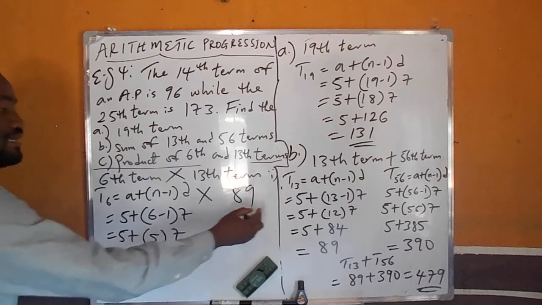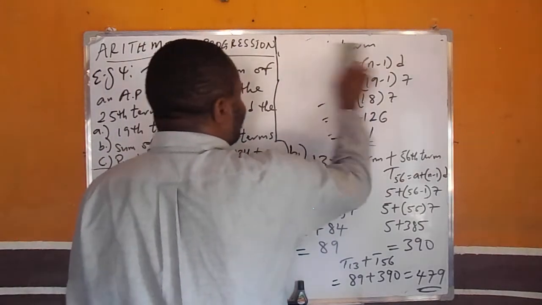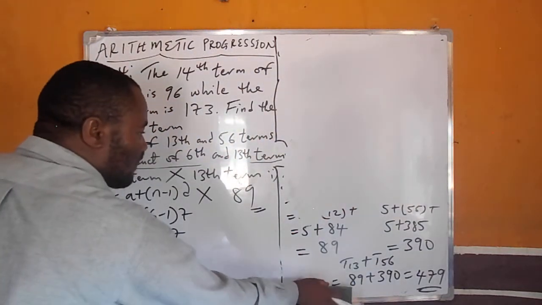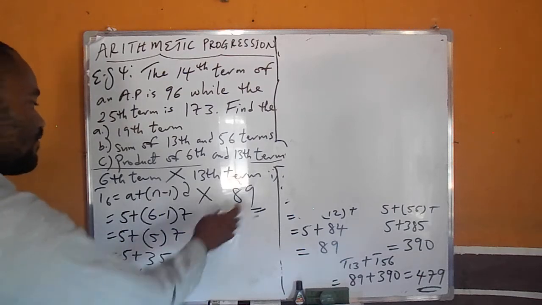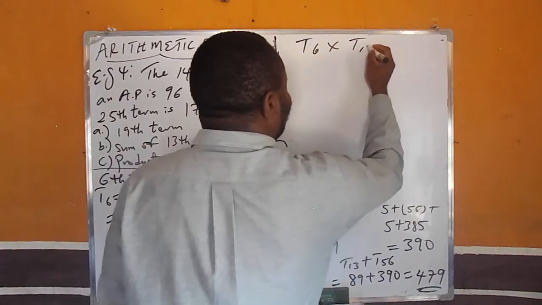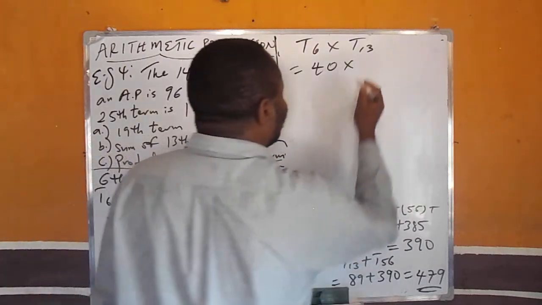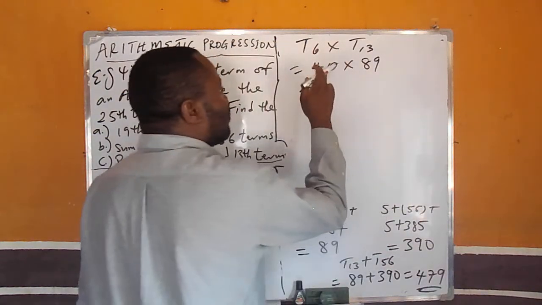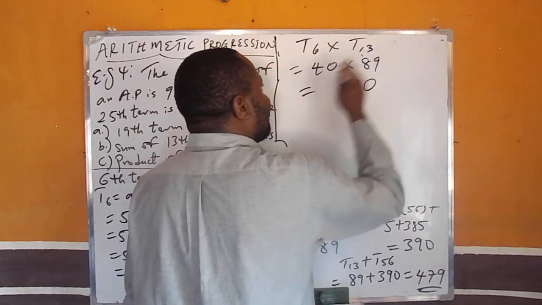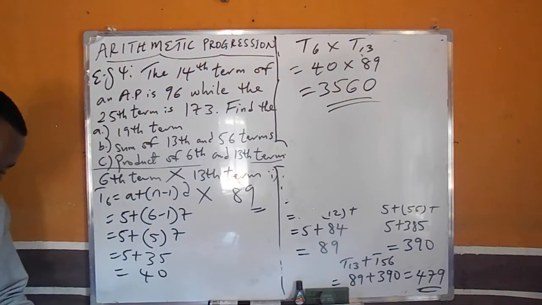So to look for the product, since our 13th term gives us 89, we say T6 times T13, which equals 40 times 89. 4 times 0, 0. 4 times 9, 36, carry 3. 4 times 8, 32 plus 3, 35. So 3560. That is our final answer there.